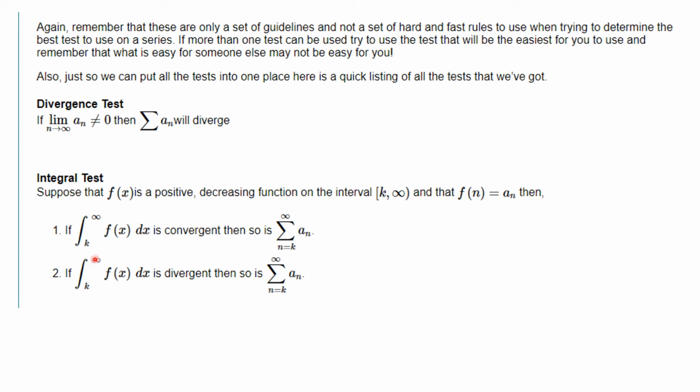If this improper integral from k to infinity of f of x dx is divergent, then so is the summation from n equals k to infinity of a sub n. They converge and diverge together, but not to the same value.